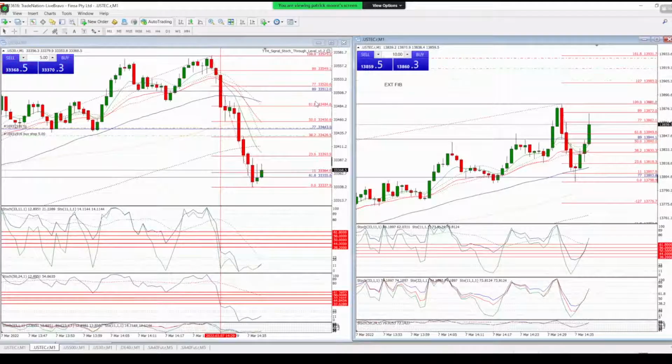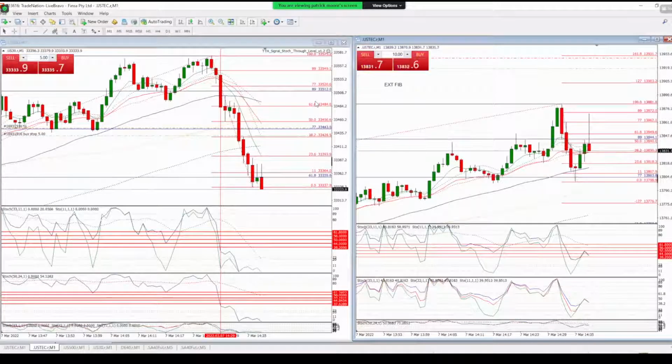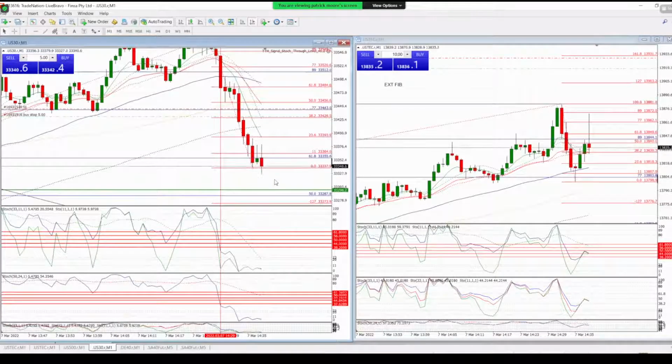Just above this, we've got the 23 of the weekly high low, we've got the 38.2 of the monthly high low, and we're sitting at the 61 on the 5 minute grid. Just a little bit rough there. The extension for now just keeps trading.